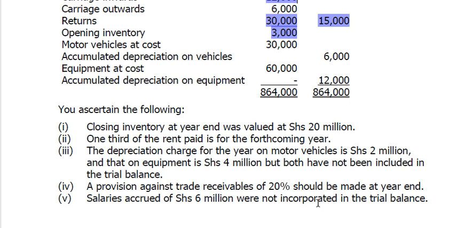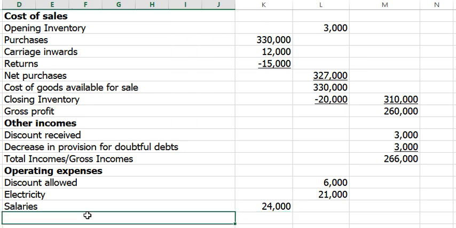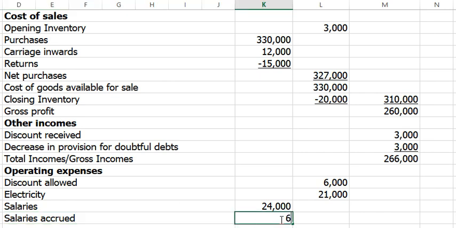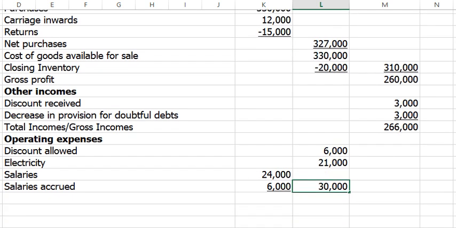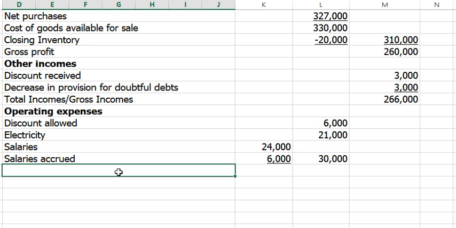These are unpaid salaries which you have to add to the salaries that were paid during the year. So when you add the 6,000 to the 24,000, you come up with 30,000. Those are the salaries. Then we have the rent.